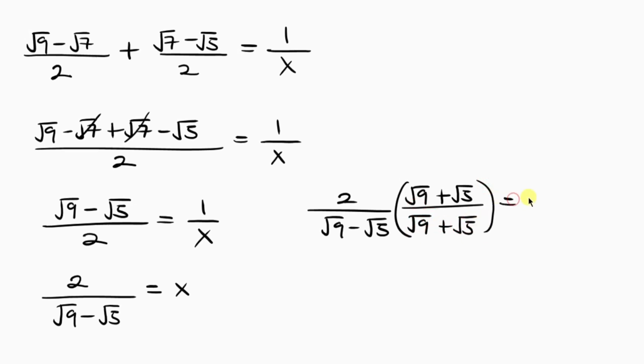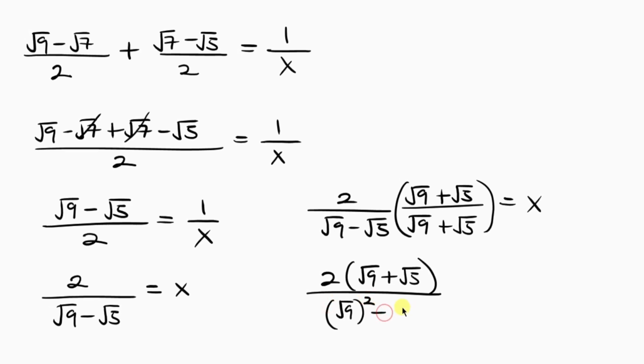So this is equal to x. So 2 times this expression is 2 times the square root of 9 plus the square root of 5. And now the denominator is an expression of difference of two squares, which is the square root of 9 squared minus the square root of 5 squared. So this is equal to x.